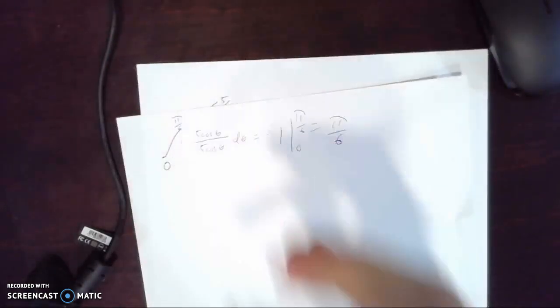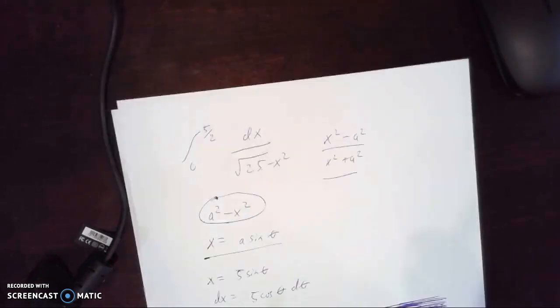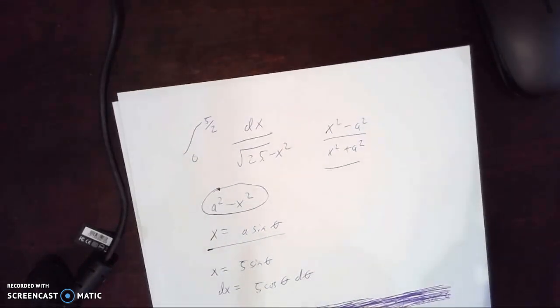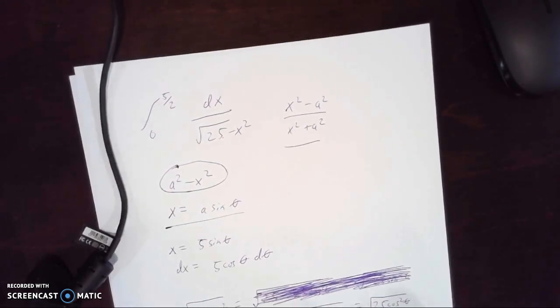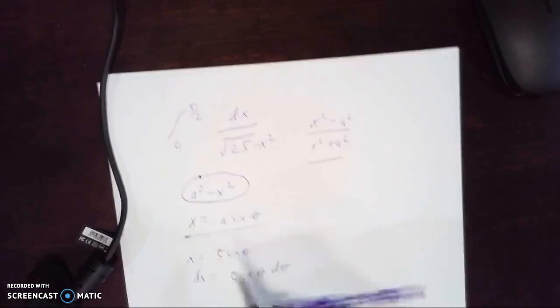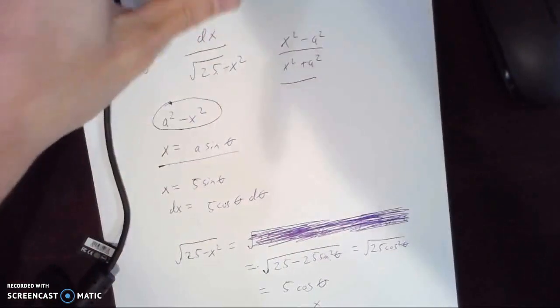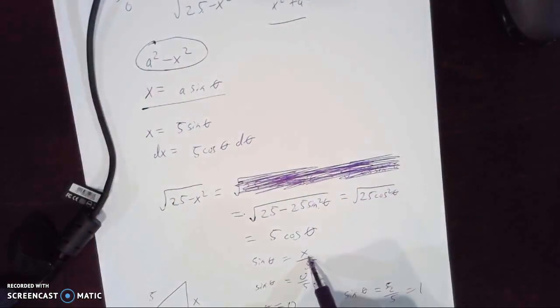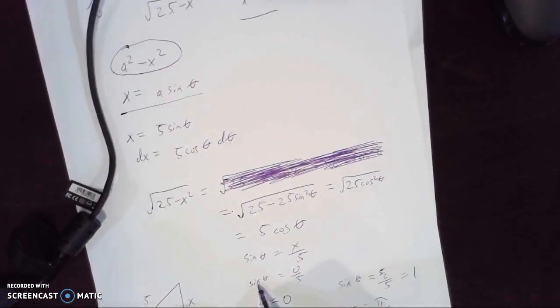The issue then becomes figuring out the bounds. Well, if we take a look back here, we had set this up so that x was 5 sine of theta. So that means that sine of theta is x over 5. So when we had x running from 0 to 5 halves, if x is 0, sine of theta would be 0.